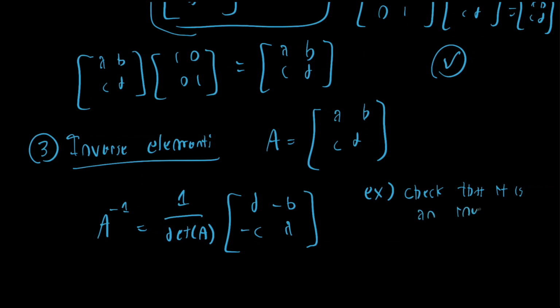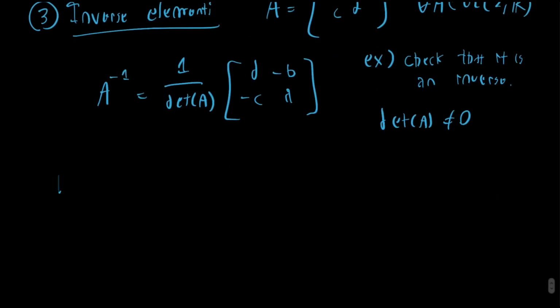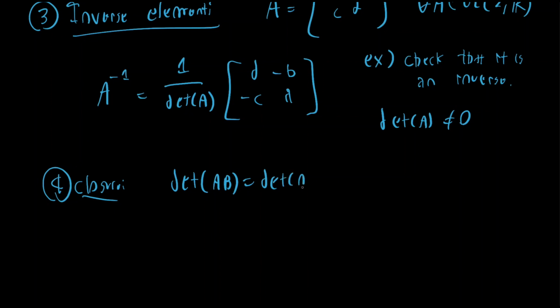And secondly, we notice that for each element in our GL2R set, there is actually such an inverse because our determinant is non-zero. Now, the last thing that we have to check is closure, which is again justified by a theorem in linear algebra: the determinant of a product of matrices is given by the product of the determinants.